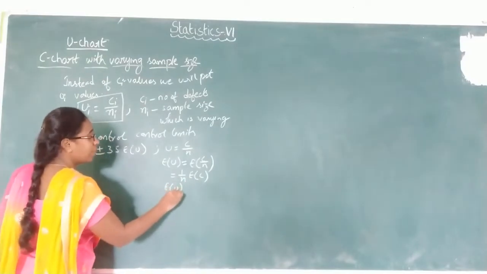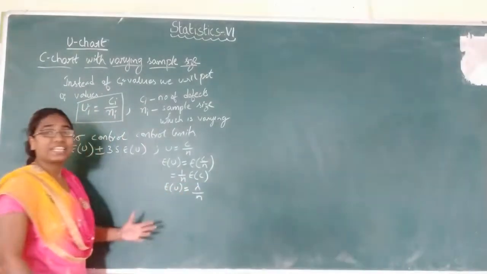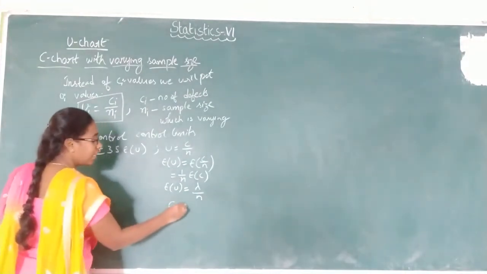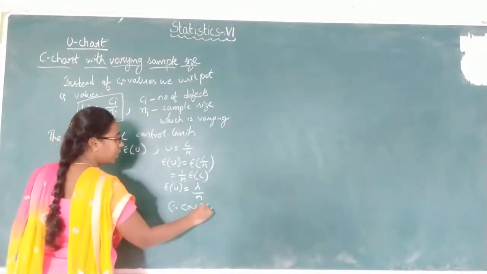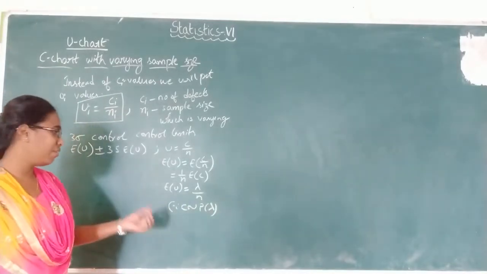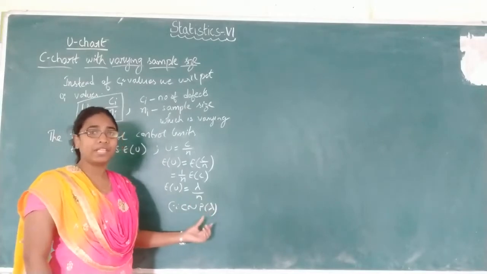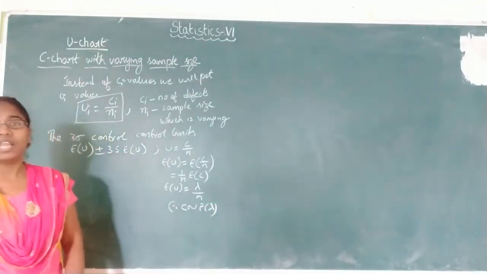What is the expectation of C value? It is lambda, since C follows Poisson with parameter lambda. We have discussed that the number of defects always follows a Poisson distribution, and the parameter in the Poisson distribution is lambda.